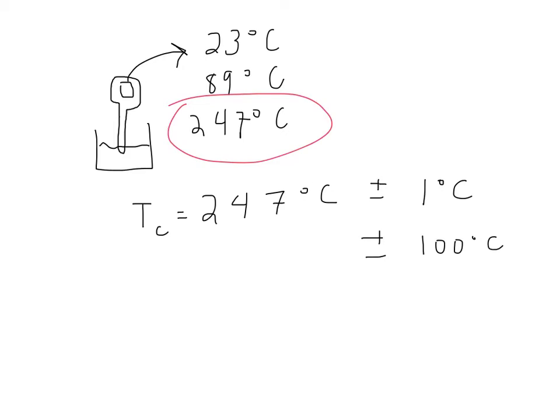So people make jokes. Let's say you ask someone what their age is, and they don't want to be asked their age, so they say, well, I'm 30 years old, plus or minus 20 years, right? That's a big uncertainty in age. That's a terrible measurement. You wouldn't really know much about how old they were if they told you that.